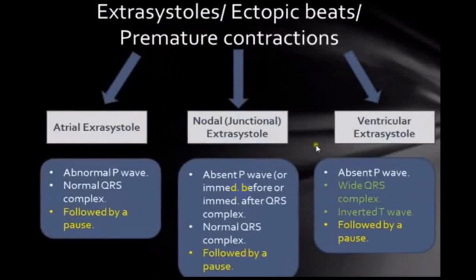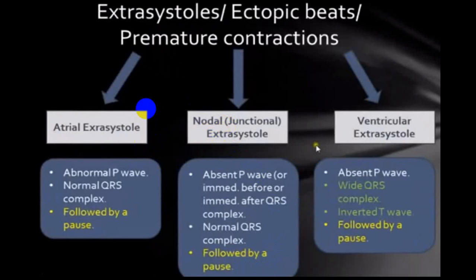If the atrium is activated after activation of the bundle of His and bundles, then you will get a P wave after the QRS complex. The P wave will usually be inverted. The QRS complex will be of normal shape, we call it narrow. It will be followed by a little pause, but again this will be an incomplete pause. This is the way to differentiate a nodal extrasystole.